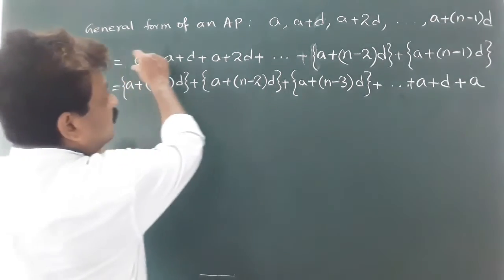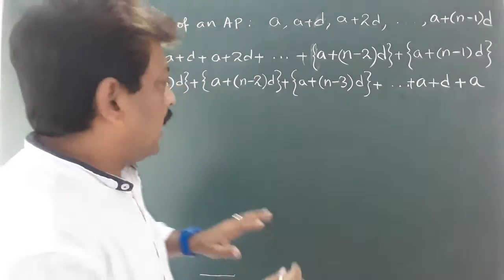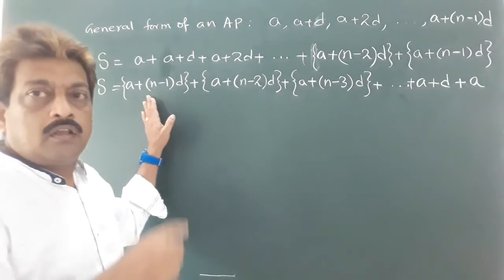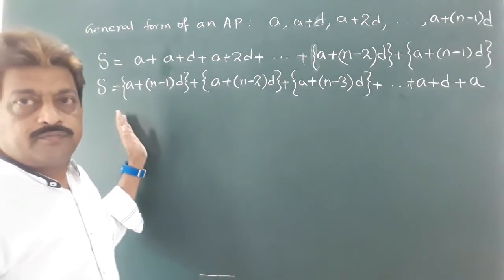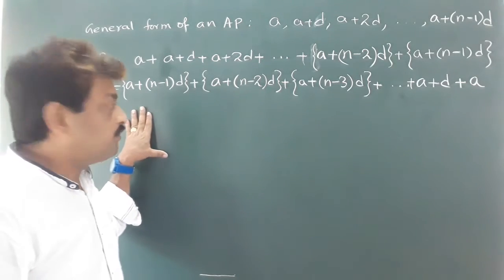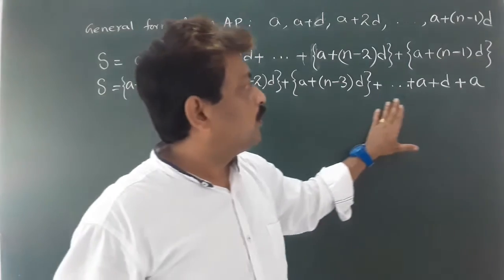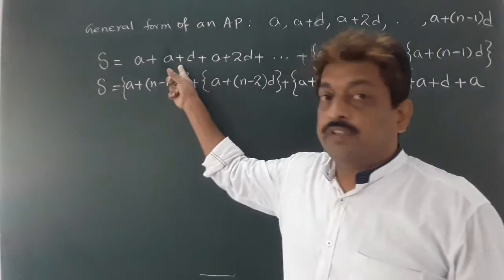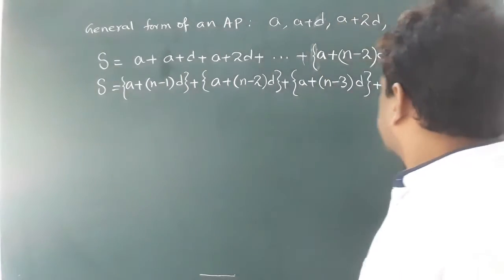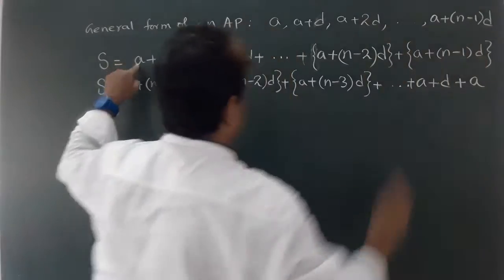First, in the general formation of an AP from the first term to the last term, and then from the last term to the first term written in the reverse order. So the last term becomes the first term, the second last term becomes the second term, and so on. Now this is the second last term, and similarly the first term is now the last term.